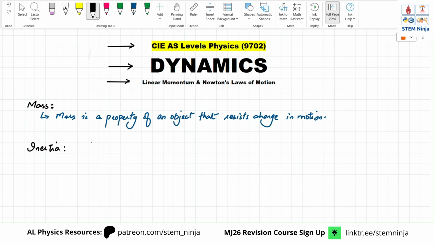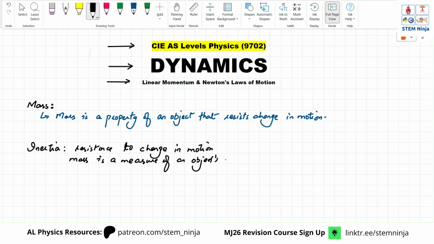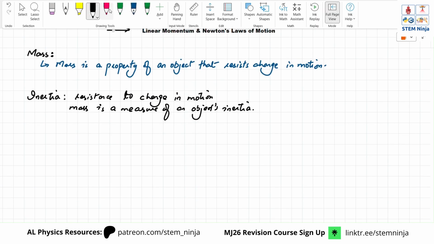So basically, this is the resistance to change in motion, and mass is a measure of an object's inertia. That means more the mass, more resistance to change in motion. So more mass implies more resistance to changes in motion.